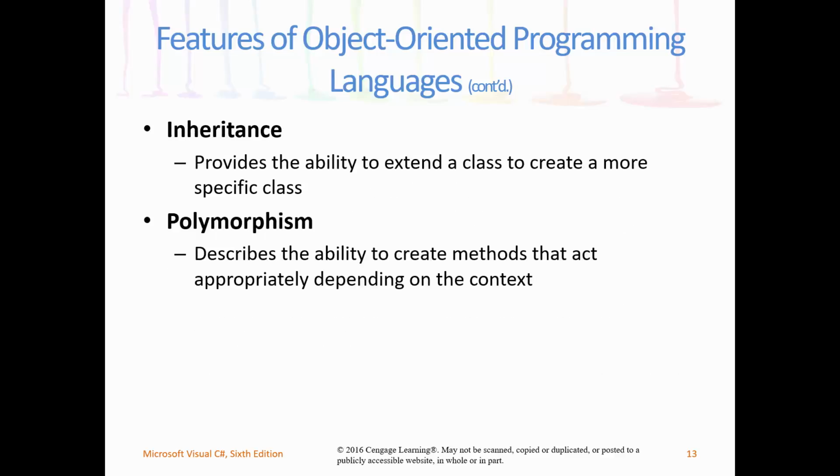We'll have a whole chapter, I think it's chapter 10, that's going to talk about inheritance. So for instance, let's say I created a real generic class called Employee, and I said every employee had to have a first name, a last name, and an employee number.